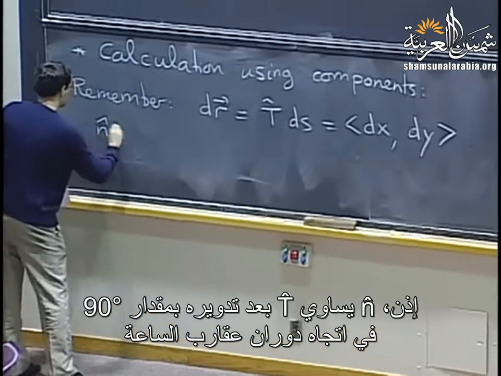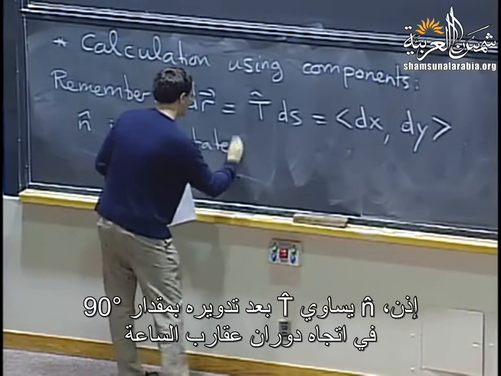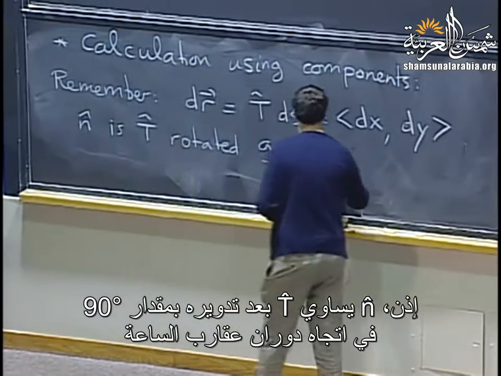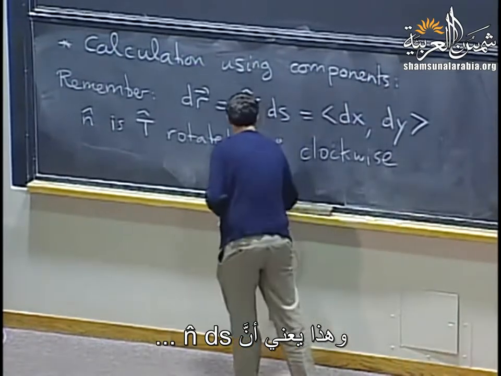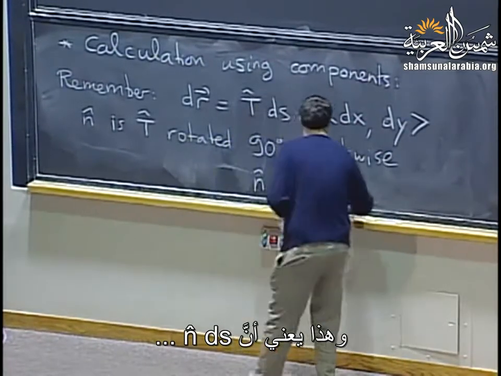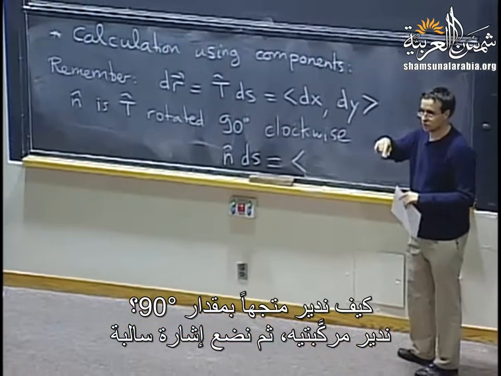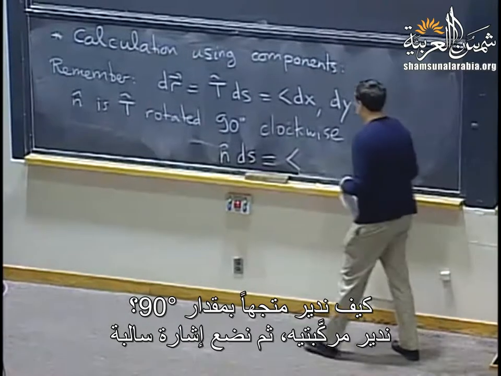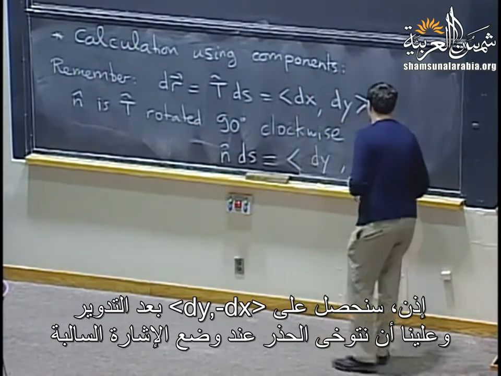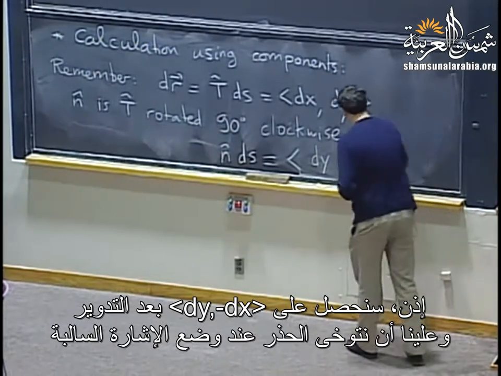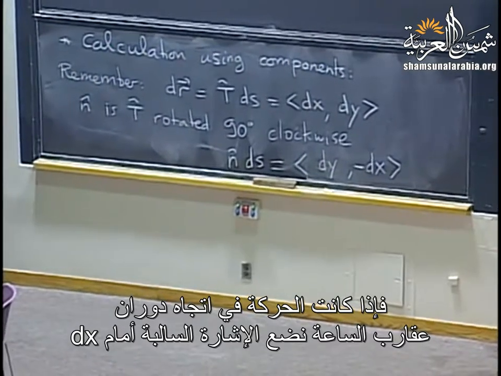So N is T rotated 90 degrees clockwise. So how do we rotate a vector by 90 degrees? We swap the two components and we put a minus sign. So swap them, you have dy and dx, and you have to be careful where to put the minus sign. If you're doing it clockwise, it's in front of dx.